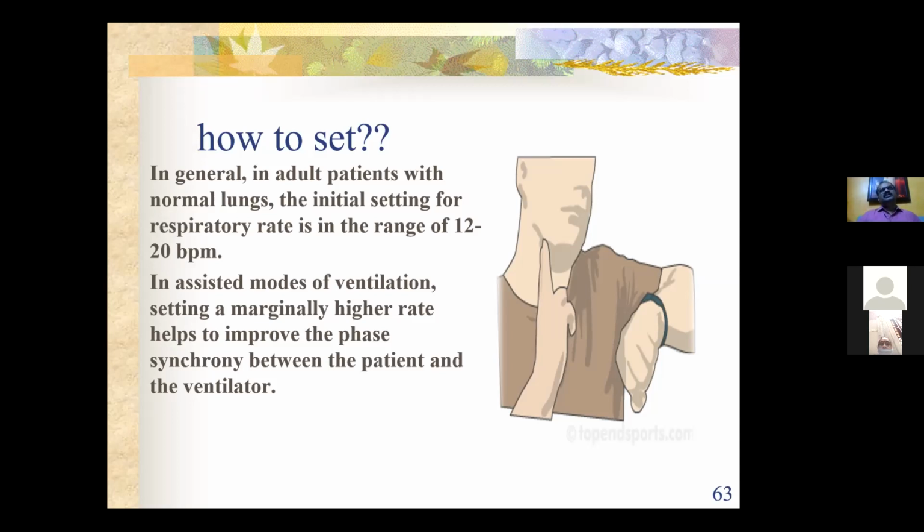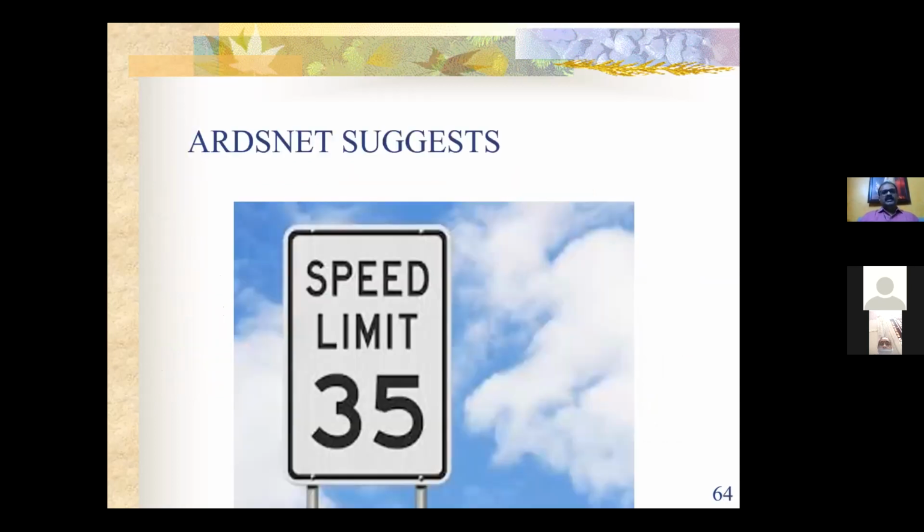But in case of ARDS or when the patient is tachypneic, ARDSNet suggests that we can keep up to 35. So in many patients, we can keep the respiratory rate up to 35. That is acceptable, because when we keep a low tidal volume, we have to definitely maintain the minute ventilation. So if we keep a low tidal volume, then the rate should be higher to give adequate minute ventilation to the patient. It can go up to 35 in case of severe ARDS and other such conditions.